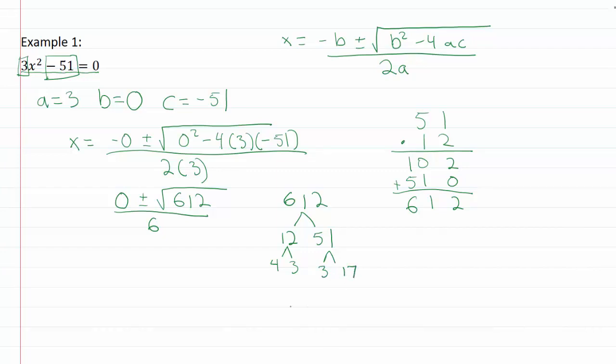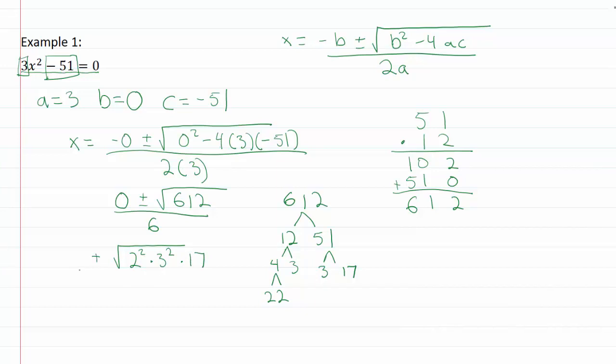And that'll be 3 times 17. And then 4 will be 2 times 2. So I can go ahead and write this 612 as 2 squared times 3 squared times 17.